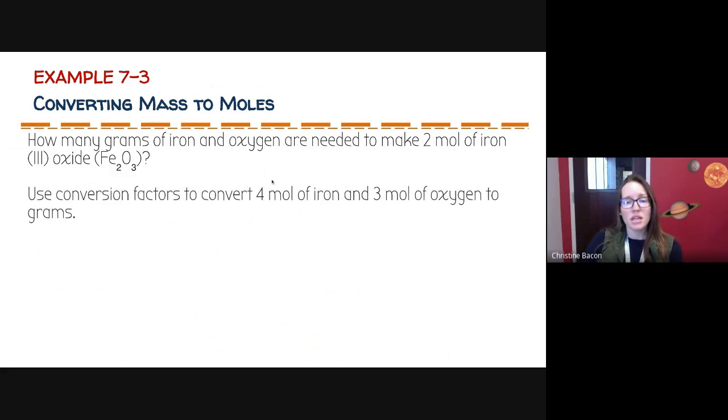So we know that it takes 4 atoms of iron, 4 atoms of iron and 3 atoms of oxygen to react together to make 2 molecules of iron oxide.